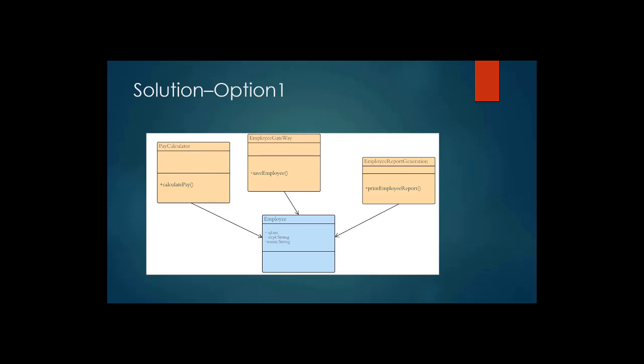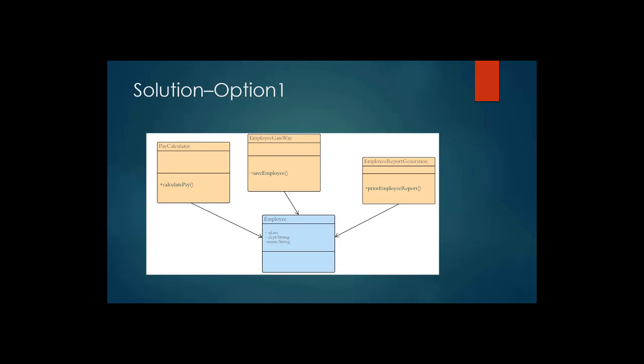One option we have is to have three different classes: PayCalculator, EmployeeGateway and EmployeeReportGeneration. PayCalculator calculates pay, EmployeeGateway saves employee details, and the EmployeeReportGeneration class generates the employee report. These classes hold a reference to the Employee class, which will have its own getters and setters.